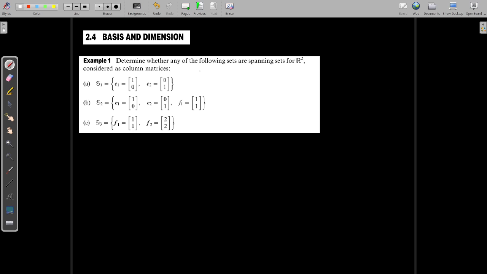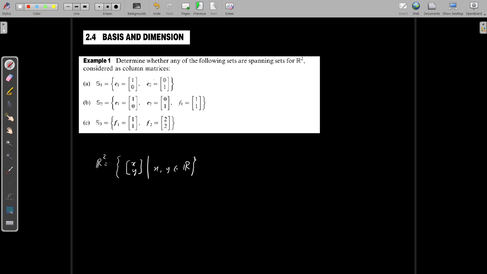Determine whether any of the following sets are spanning sets of R2 considered as column matrices. That means if we define R2 as column matrices, any vector in R2 can be written in this form: (x, y), where x, y belong to R. Then we need to verify which of these sets are spanning sets.